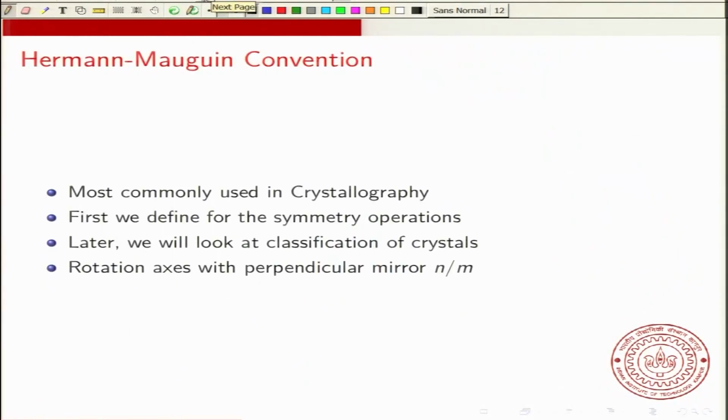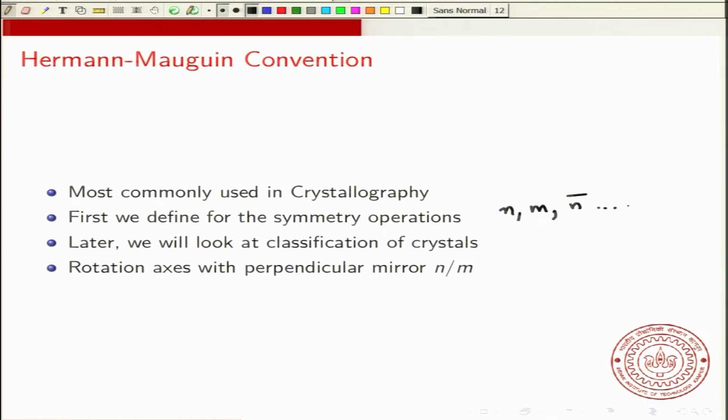Okay. So, I'll talk a little bit more about the Hermann-Mauguin convention. This is most commonly used in crystallography. We have already said this. What is done is, first we use it to define the various symmetry operations, and that we have already seen. So, we have things like n, m, n bar, and so on, and we'll see soon that we can also use it to classify the symmetry operations that are not point symmetry operations.